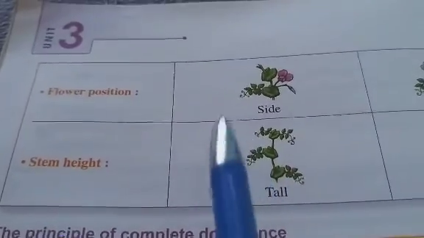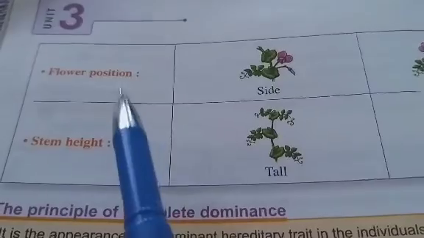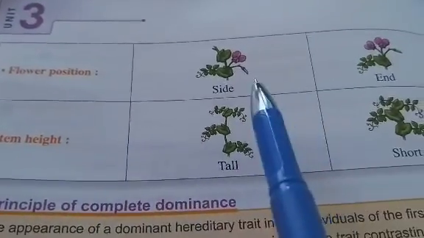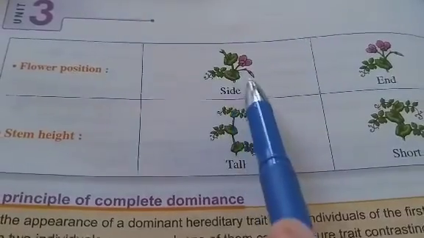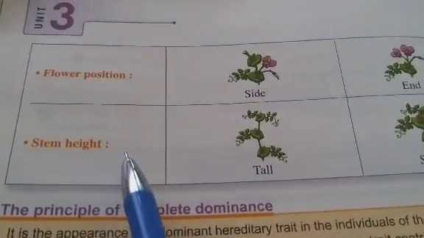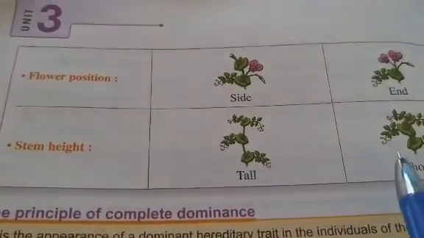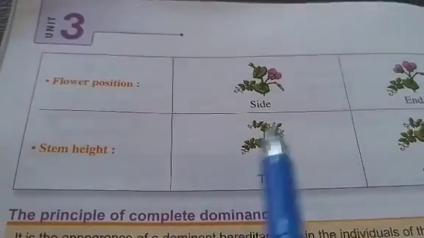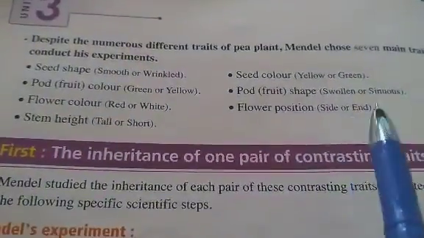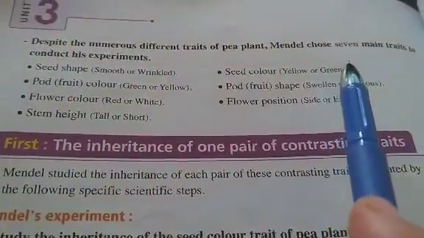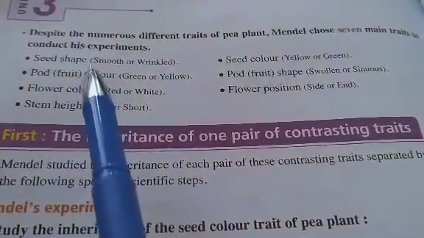Now we have another 2 characters. Flower position, maybe at the side or at the end of the plant, and stem height may be tall or short. The stem of the plant may be tall or short. So here we have 7 characters. Mendel chose them to perform his experiments.